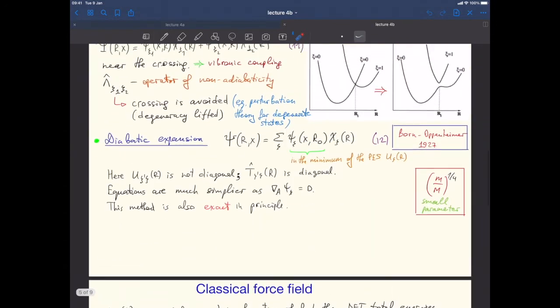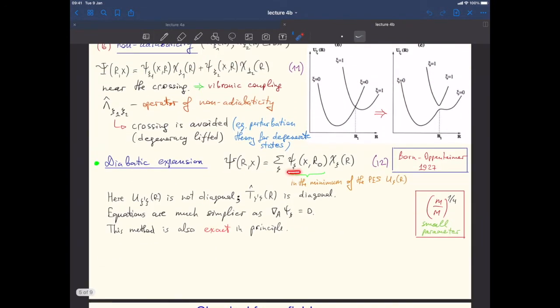In the diabatic expansion, the psi wave function, the electronic only wave function, is taken at the minimum of the potential energy surface for each particular electronic quantum number. We can still do it because these wave functions still form a complete set of wave functions, because they are obtained as solutions of the Schrödinger equations for the electrons.